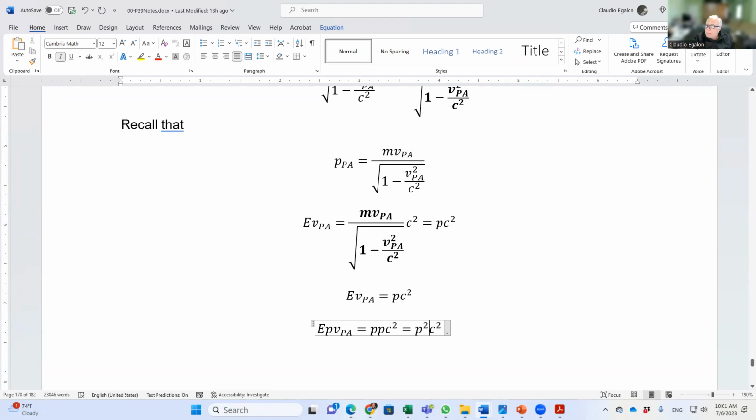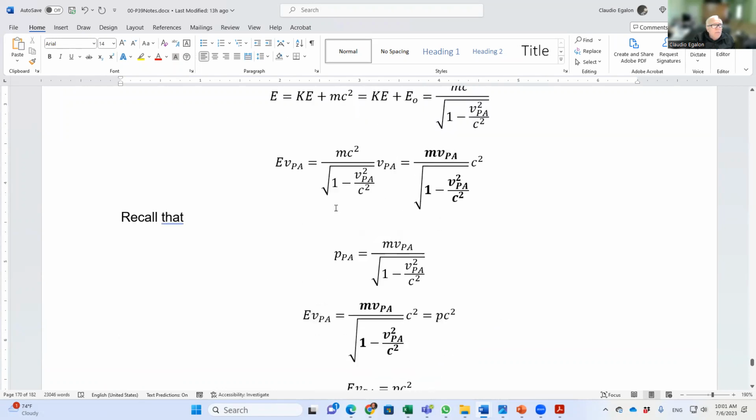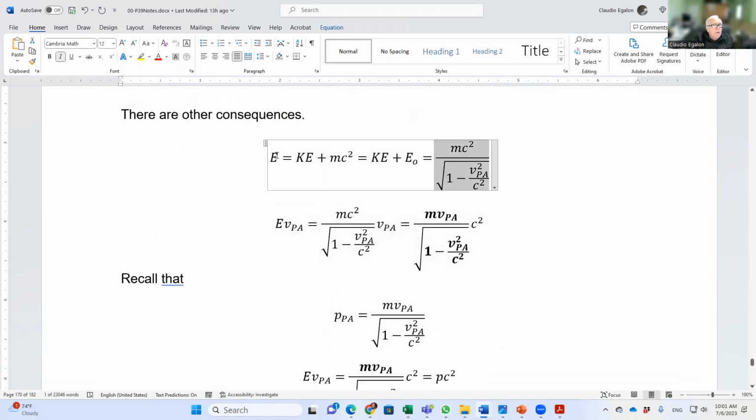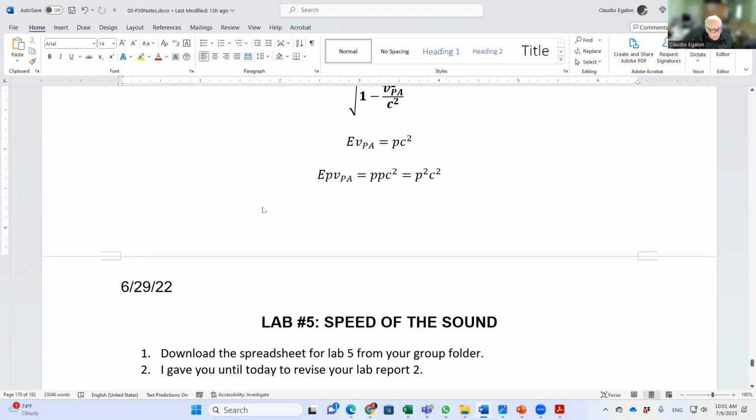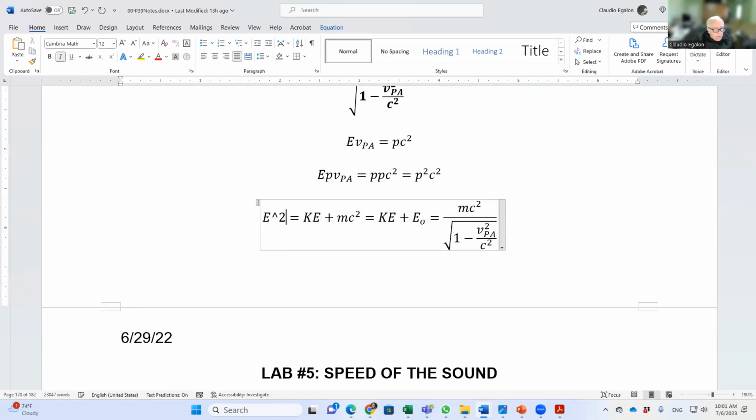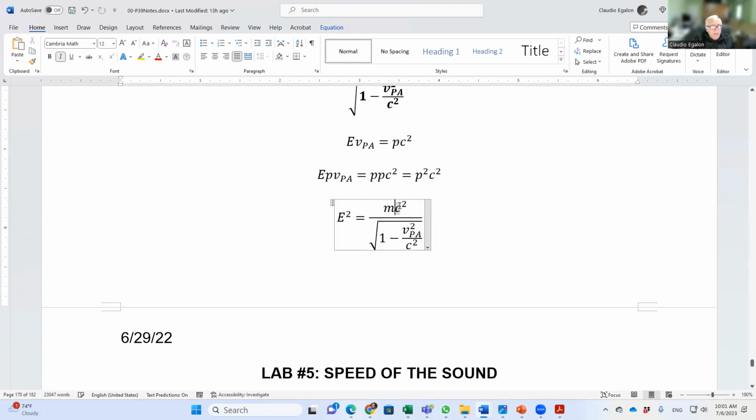If we get E squared, going back to my equation for E, here you go. If we square my E, we get something else like that. Oh, interesting. Yeah, we get something else like that.